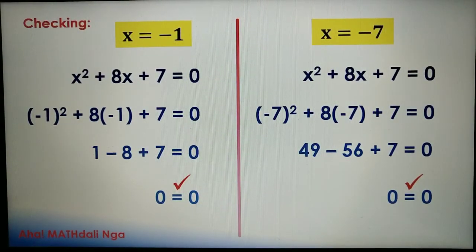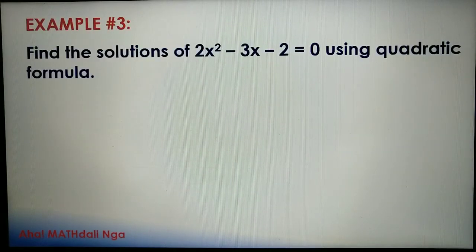Therefore, the solutions of the given quadratic equation x squared plus 8x plus 7 equals 0 are negative 1 and negative 7. Let's try another example. Find the solutions of 2x squared minus 3x minus 2 equals 0 using quadratic formula.